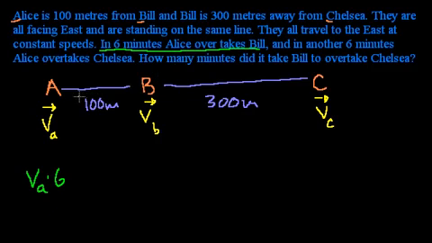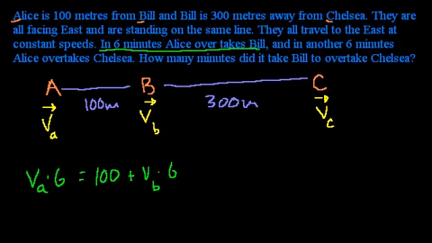And she overtakes Bill, so that means she goes 100 meters more than Bill went. Well, she went 100 meters plus the distance that Bill went in those 6 minutes, and that is velocity of Bill times 6, right? So in 6 minutes, Alice went 100 meters more than however far Bill went in 6 minutes. That's that equation there, and we got it from this information.